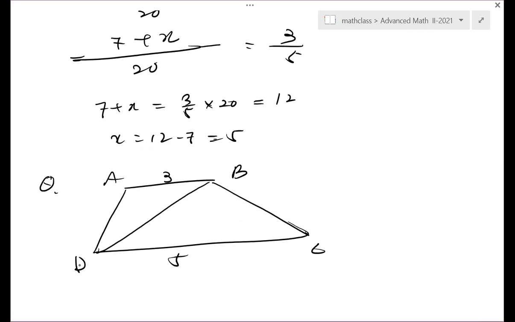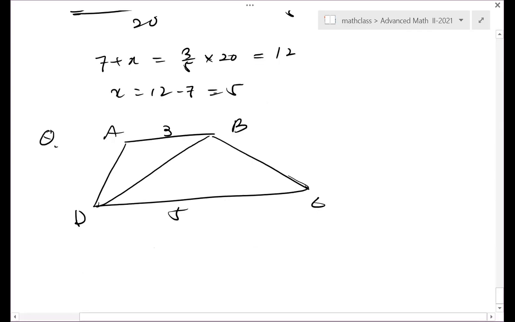But if you know the area of one triangle, you can get the area of the other triangle. It's not because these two triangles are similar, but because they have the same height.